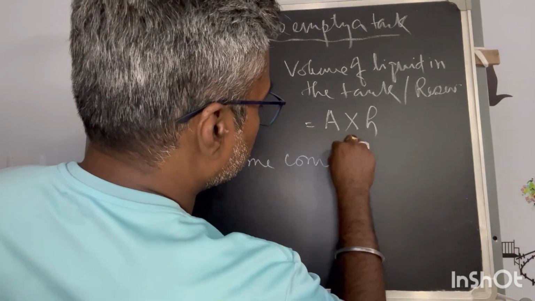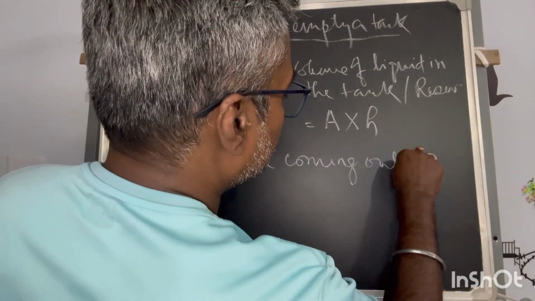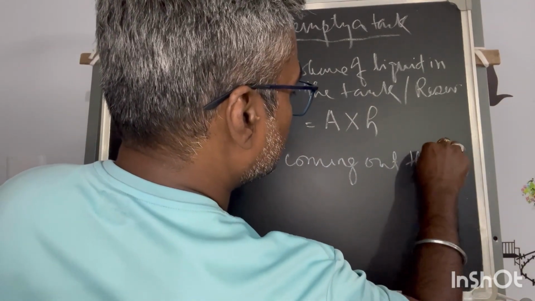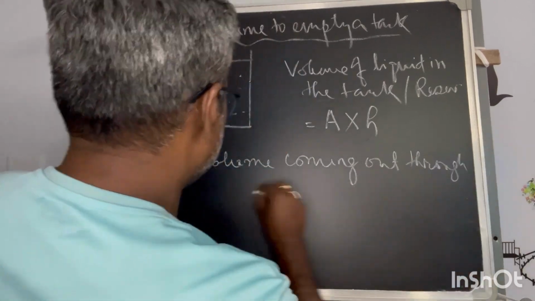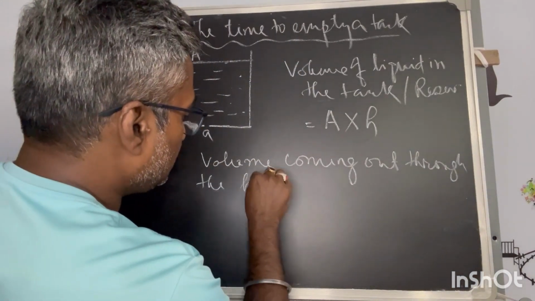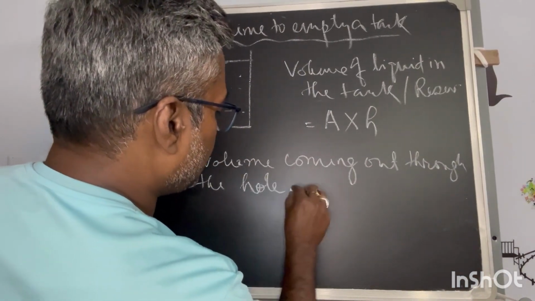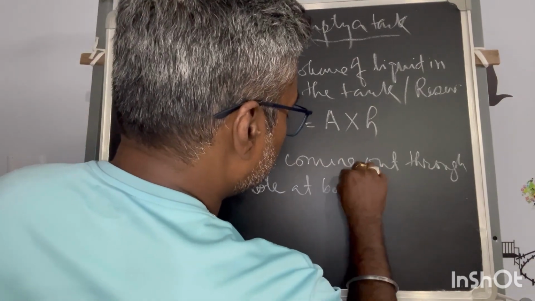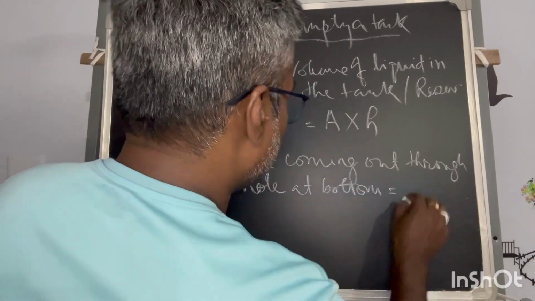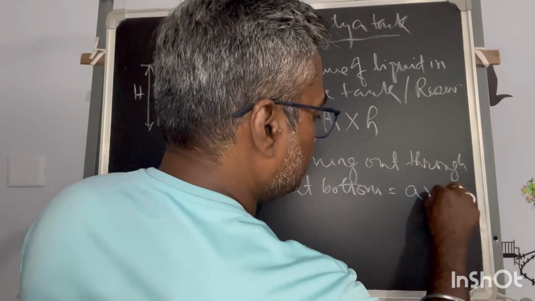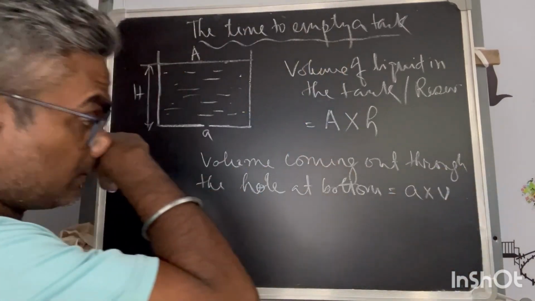coming out through the hole at the bottom is equal to the cross section into its velocity there.